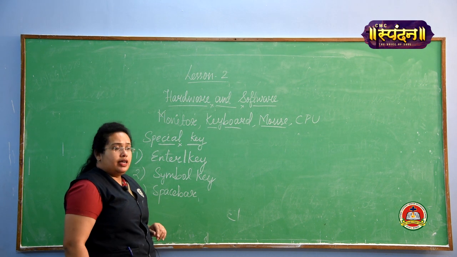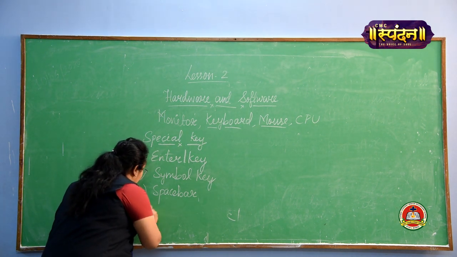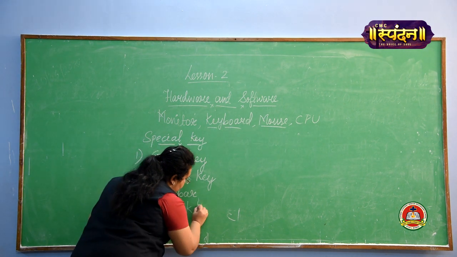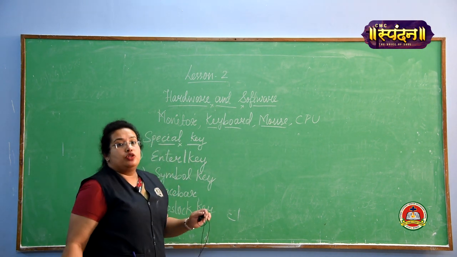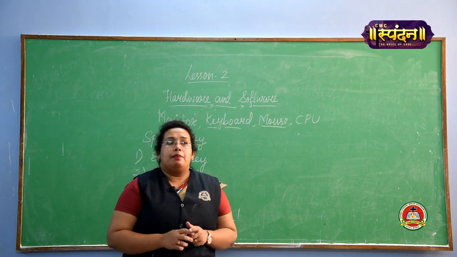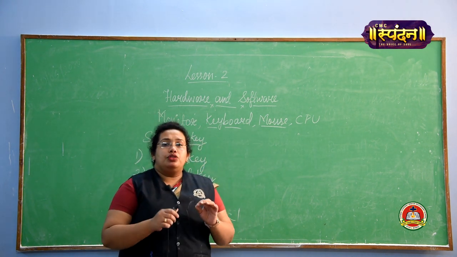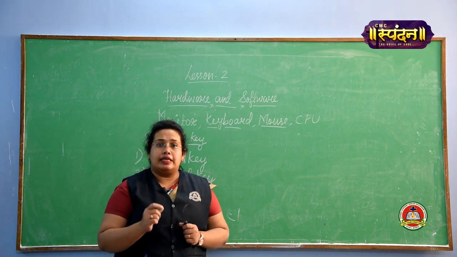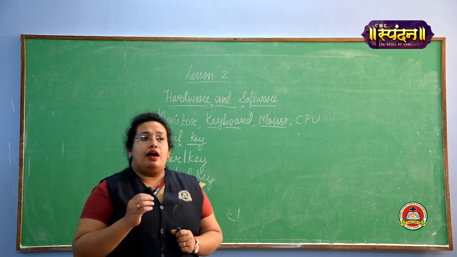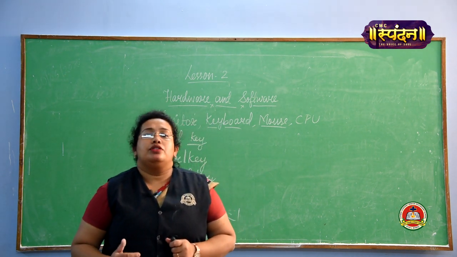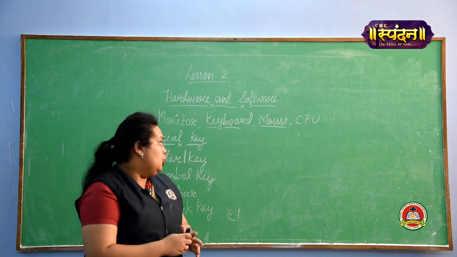Now we are moving to the next key, known as the caps lock key. The caps lock key is used when we are typing something and we want to type it in capital letters, then we have to press the caps lock key. First you have to press the caps lock key, then only you can type in capital letters.